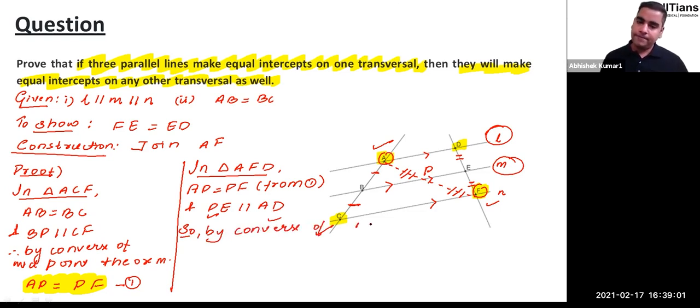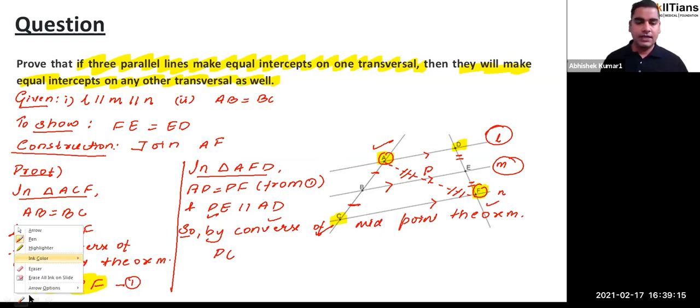By the converse of the midpoint theorem, what will you have? You will have E as the midpoint of DF, that is, FE is equal to ED.